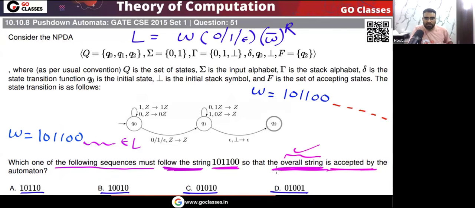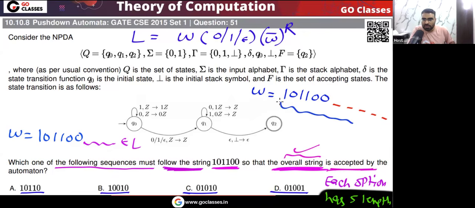So I can say that 5 symbols should come. Now you can easily see total how many symbols will be there. Total will become 11 symbols. Yes or no?